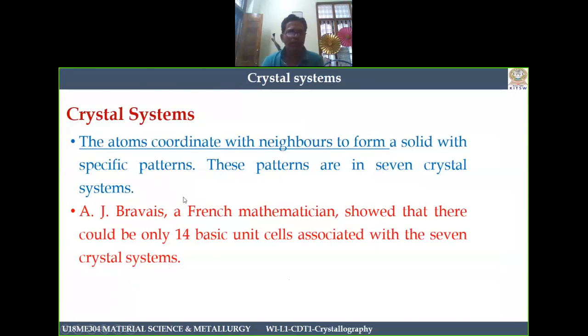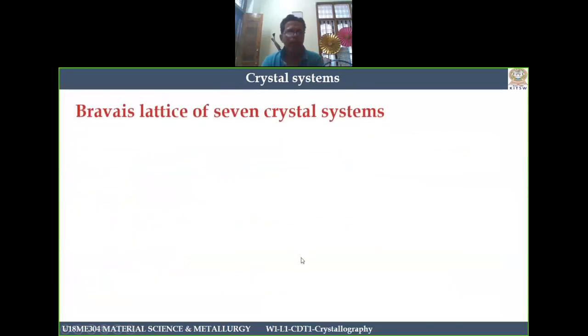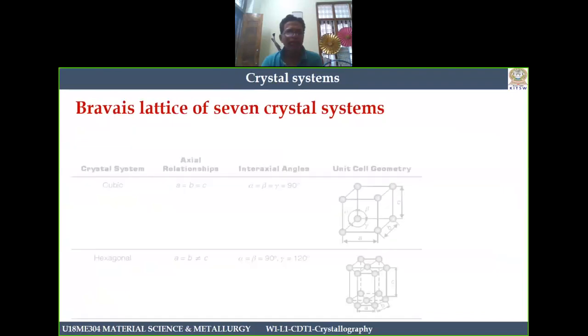So with the help of 7 crystal systems, you can form 14 basic structures. These 14 lattices are popularly known as Bravais lattices of the 7 crystal systems.